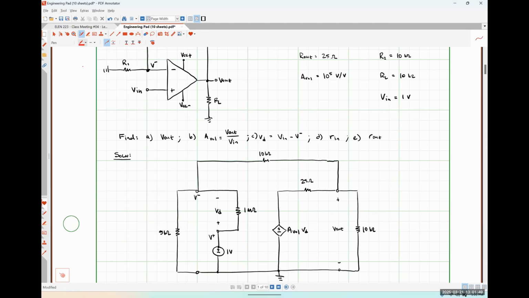So I'm going to wind up applying KCL at this node. The voltage at the node between my dependent voltage source and the 25 ohm resistor is an unknown quantity, but that's dependent on VD, which is in turn dependent on V minus. So I really won't need to do KCL there. So the other node that I'm going to have to apply KCL at is just my output node.